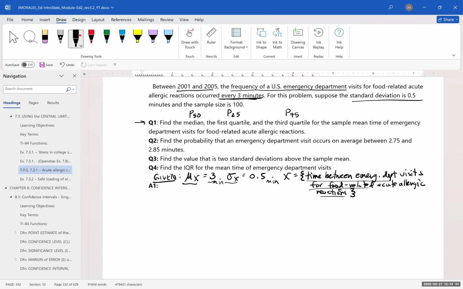And for a sample size of 100, we want to calculate these quartiles. Not only are we calculating these percentiles, we're calculating the percentiles for a sample mean from a sample size of 100.